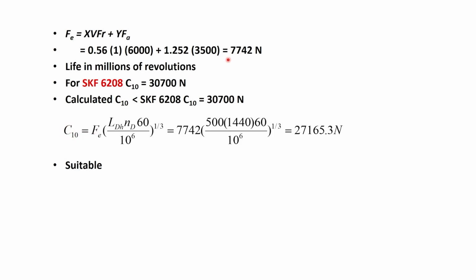So, this Fe is substituted here, and the life in hours is given in our problem as 500, the RPM of the bearing is 1440 RPM, and the rated life in number of cycles is 10 to the power 6.